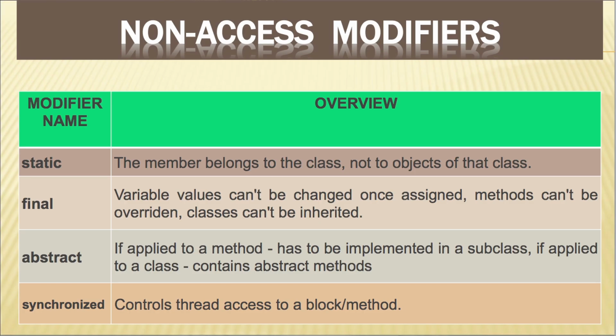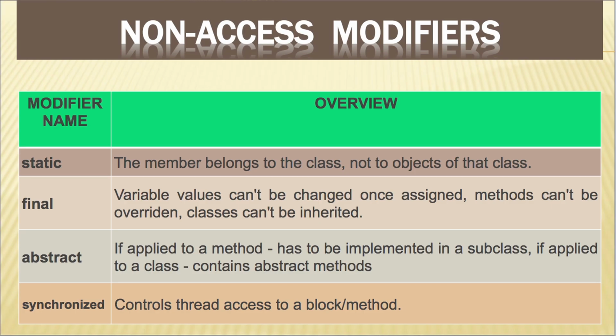When we declare a method as final, it cannot be overridden, and a class declared final cannot be inherited. So this is a non-access modifier.